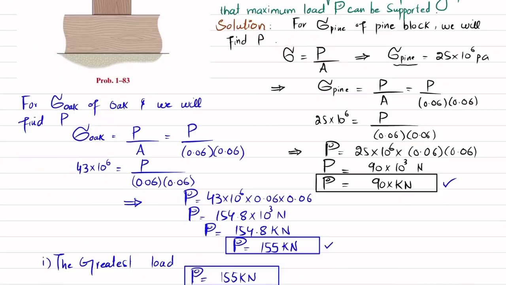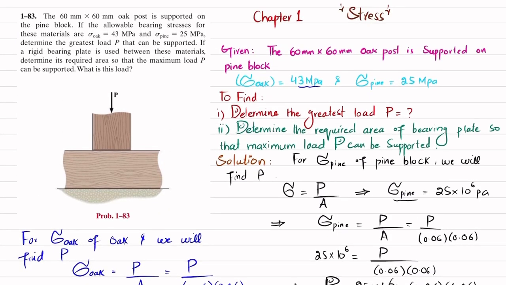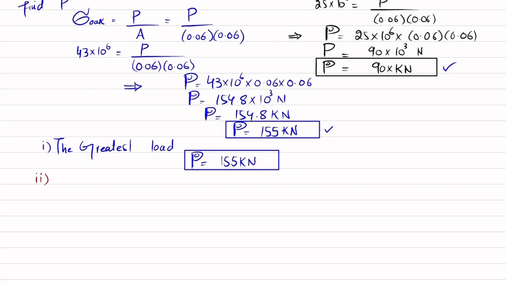We can take this maximum load P, because it is given as maximum load P. We know that stress is equal to load or force per unit area. So we will calculate this area of the plate based on the strength of pine.